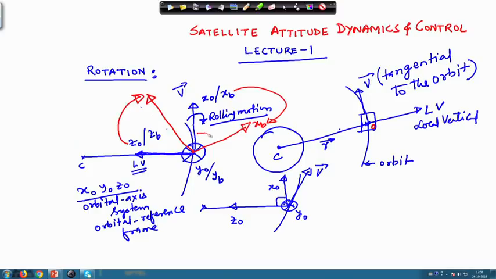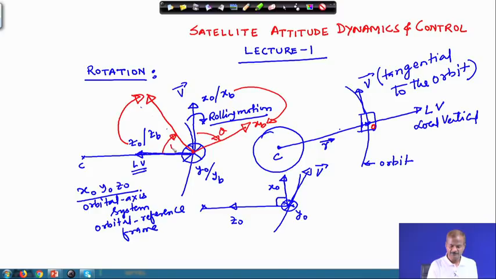Let us say this angle we have rotated is theta, and this angle is also theta. So, the body axis rotation we are representing with respect to this orbital axis.